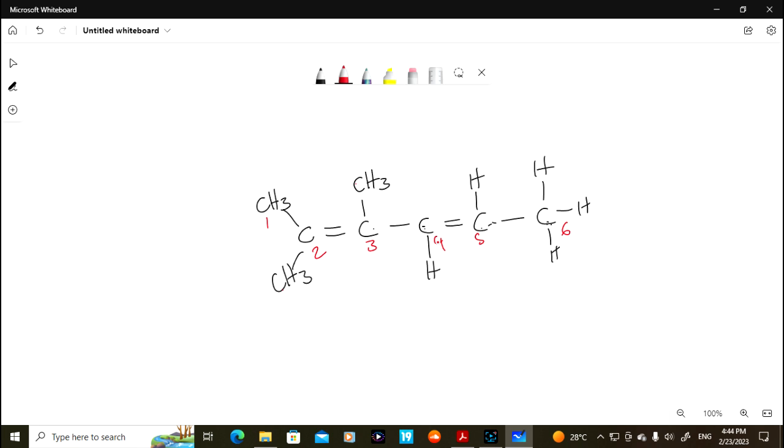So now I have my double bonds on carbon number 2 and carbon number 4, right? So what about my methyls? I have methyls on C2, C3, on C2, C3.